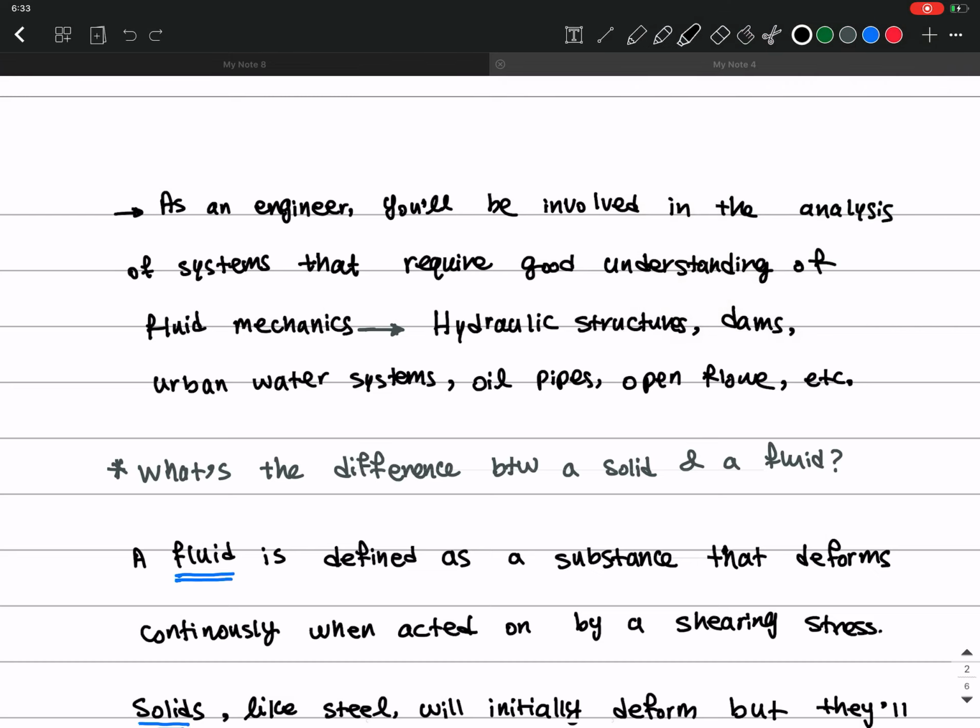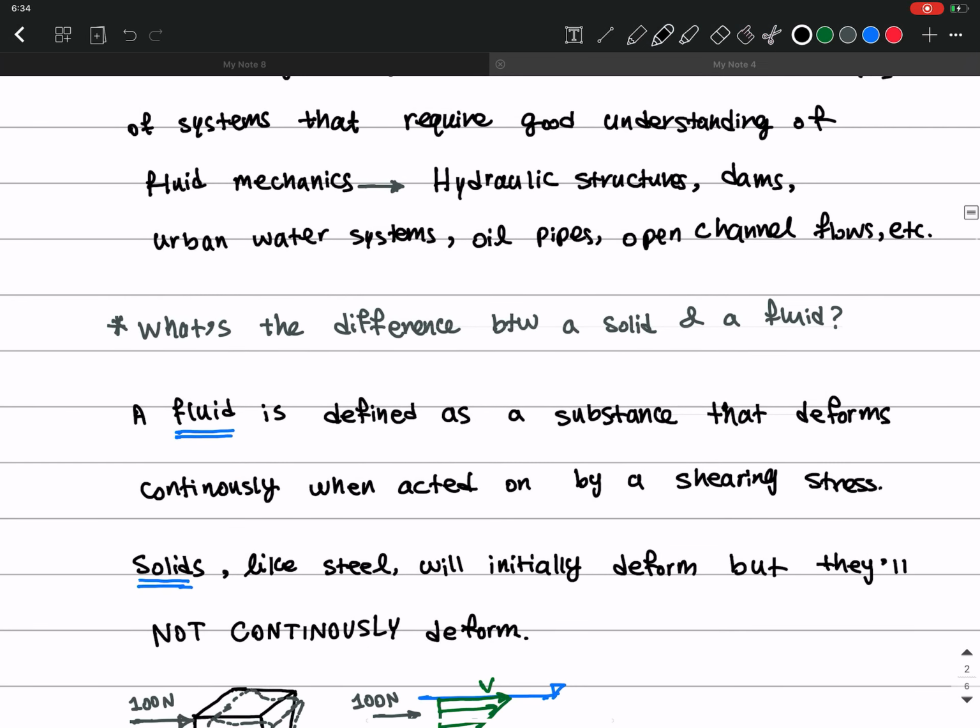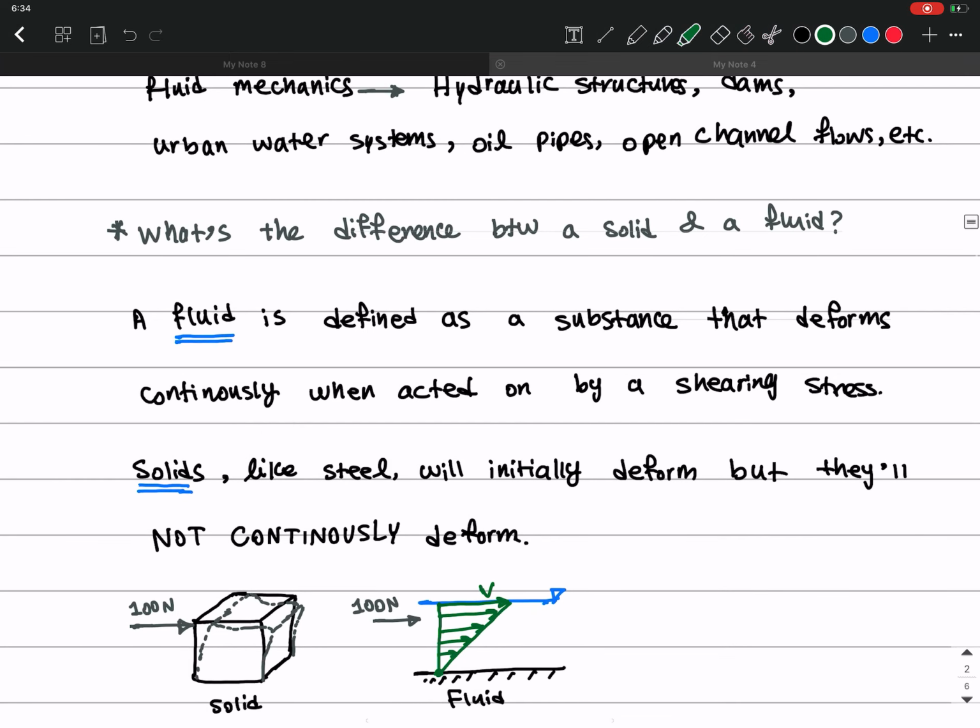I probably forgot to write this here. Let me correct it. Open channel flows, etc. Right?